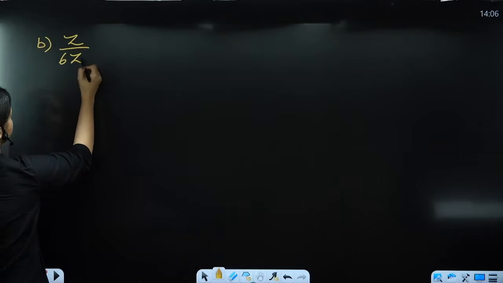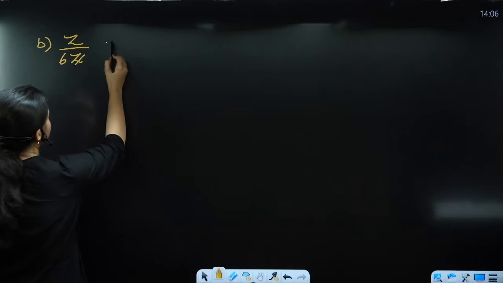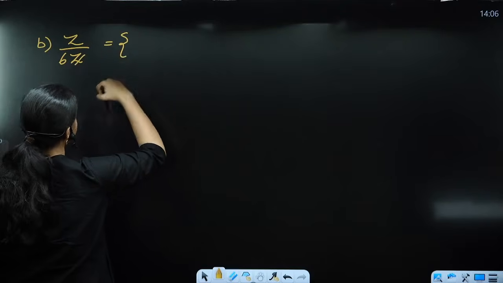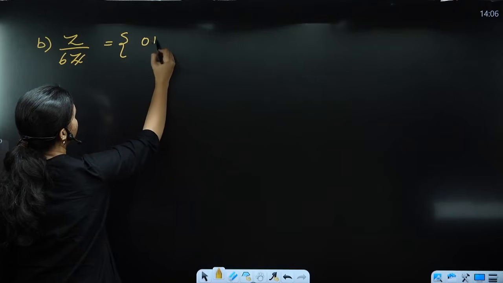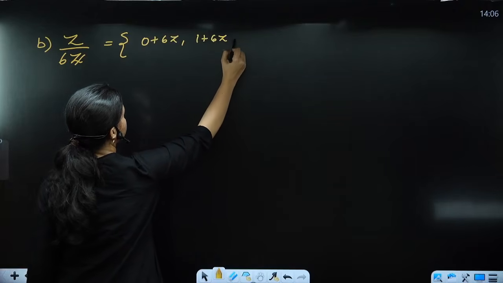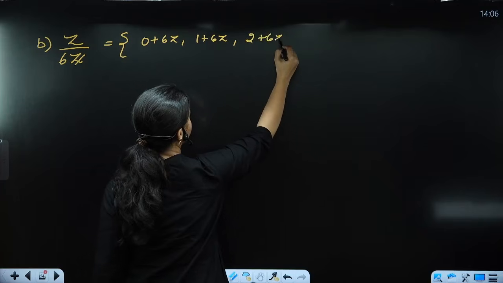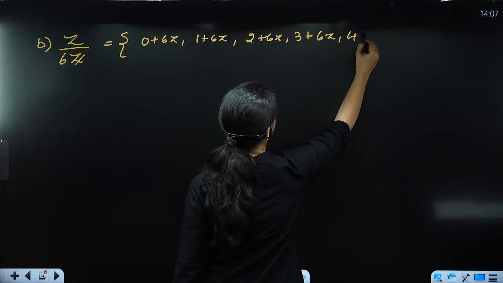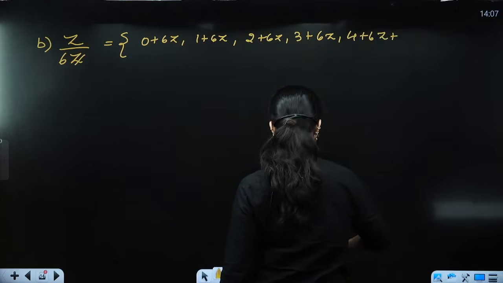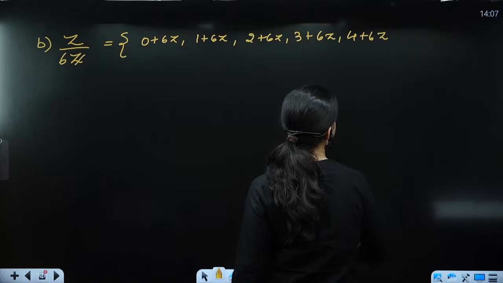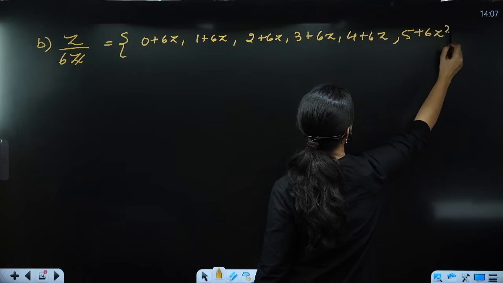Now we talked about Q4 and Z(Q4), right? So let's talk about Z upon 6Z. See? Now we know what kind of cosets are being generated by such a factor group. Let's say you have 0 plus 6Z, then 1 plus 6Z, then 2 plus 6Z, 3 plus 6Z, 4 plus 6Z, and 5 plus 6Z, right?